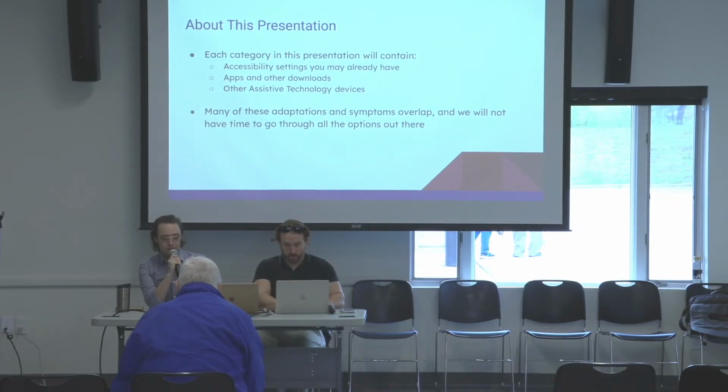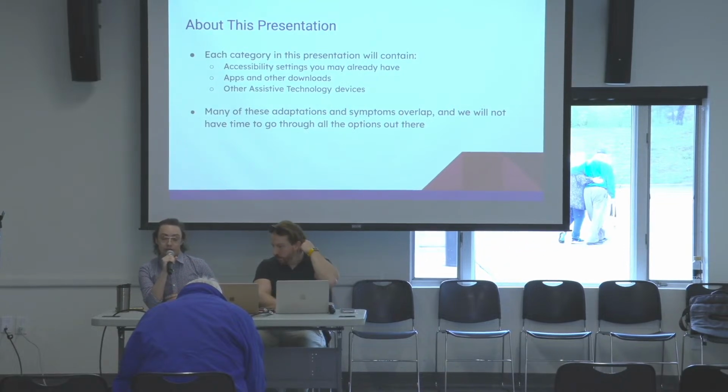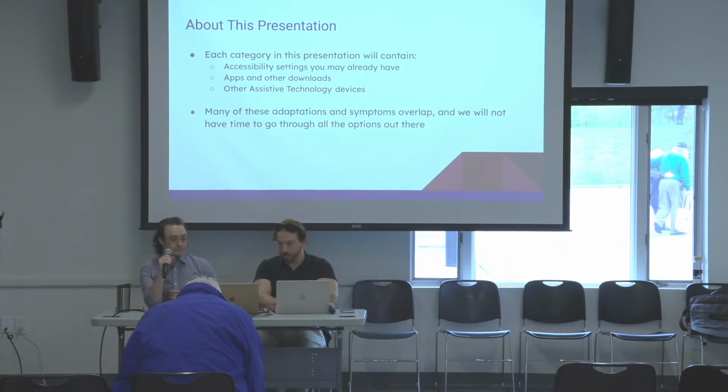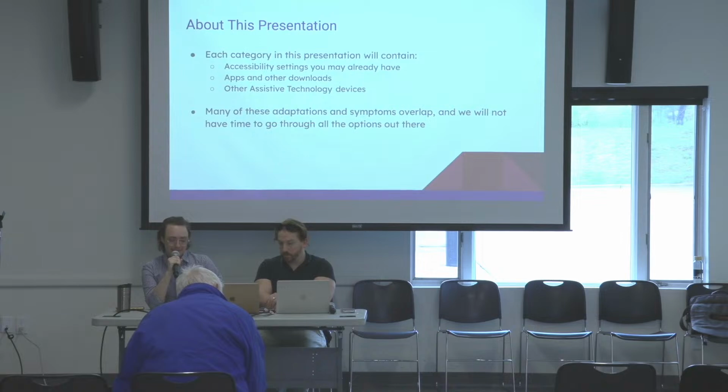And even though we have them in these categories, a lot of the adaptations that we're talking about are going to overlap. Also, there's a lot more that we can't get to in this presentation. But we're hoping this will be interactive and that we can answer any questions that you all have.